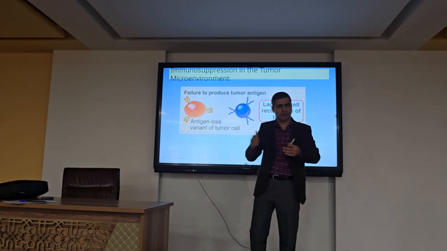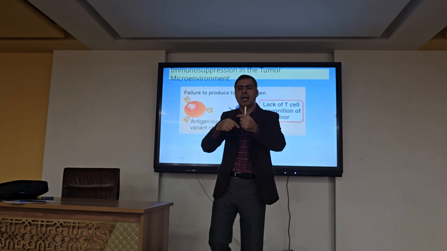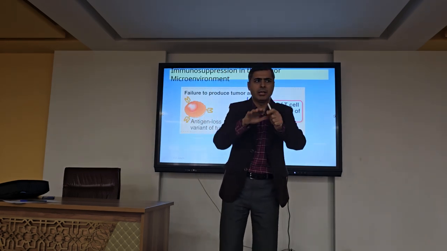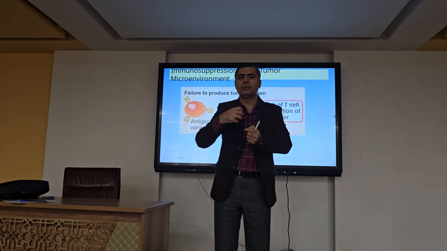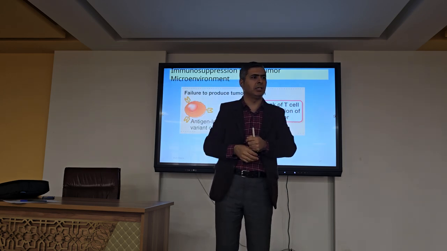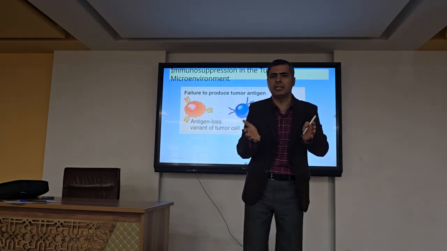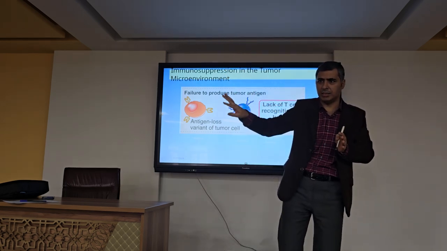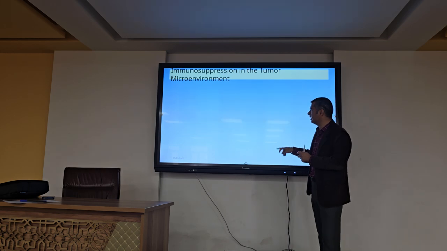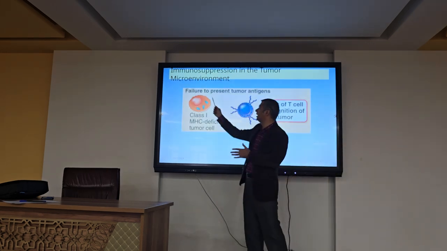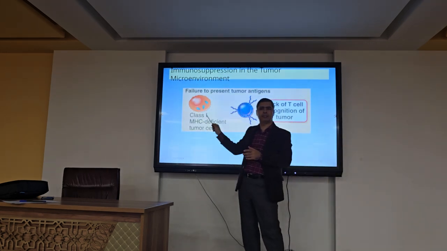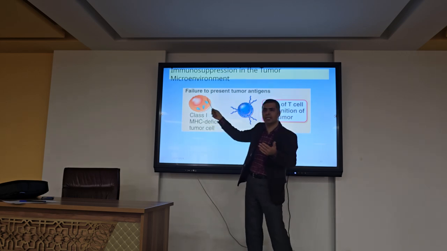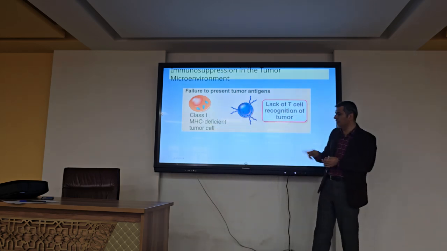The immune system has developed a clone against the tumor to kill it, but now the tumor does not express that antigen. So there is no antigen, there is no tumor detection by T cells. Is that clear? Another mechanism is absence of HLA. There is no HLA here. I've told you, whenever there is no HLA, again there is no activation of T cells.